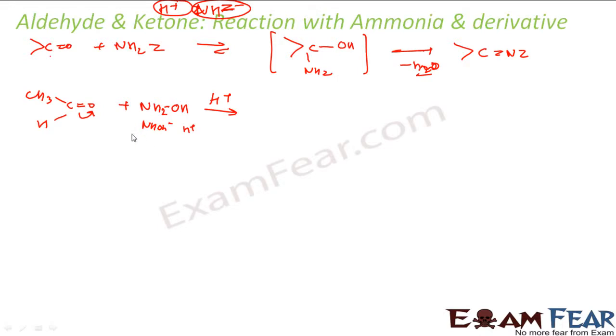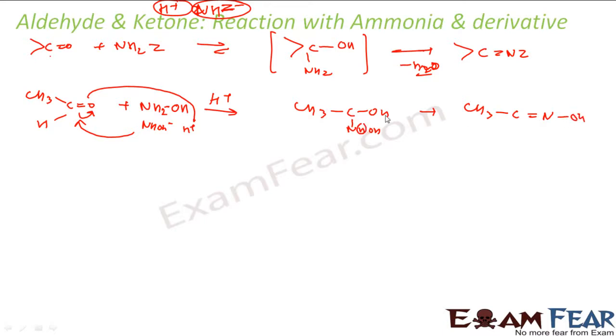Correct? So NHOH minus will attack this carbon, and H plus will attack this oxygen. With this, it will form NHOH, and from here you remove water and you will form CH3CH double bond N. Here you will get a double bond, and OH was there, this H and this OH will go off. This is the reaction mechanism.